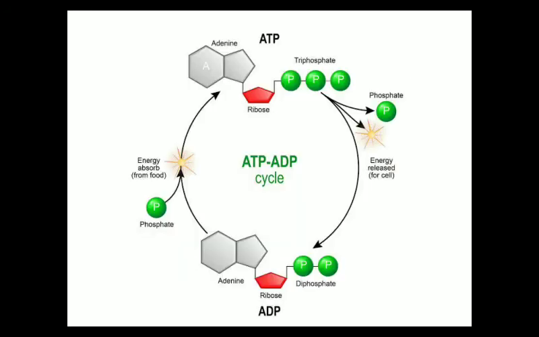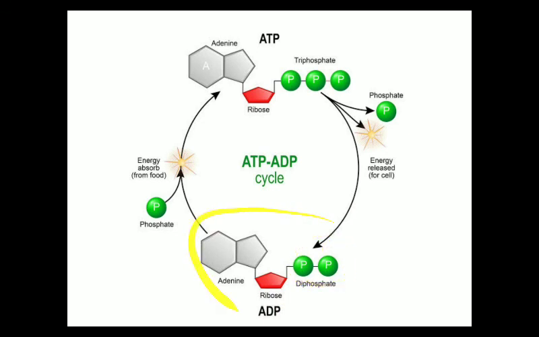In this slide you can see the ATP-ADP cycle. This is ADP, adenosine diphosphate. This particular structure is adenosine, and this is the diphosphate. Di means 2, so 2 phosphate molecules are attached.